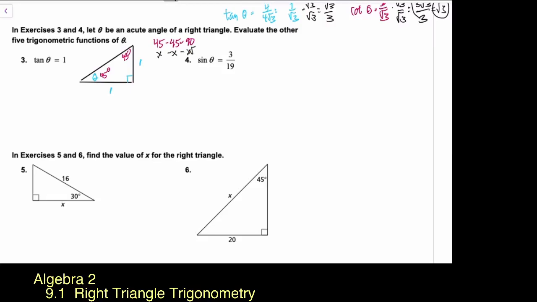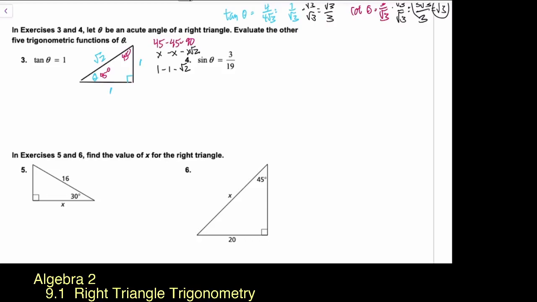So if my leg is 1, then we have 1, 1, rad 2. So my hypotenuse here, guys, is square root of 2. Now I have all 3 sides of the triangle, so I can go ahead and evaluate the other 5 trig ratios.